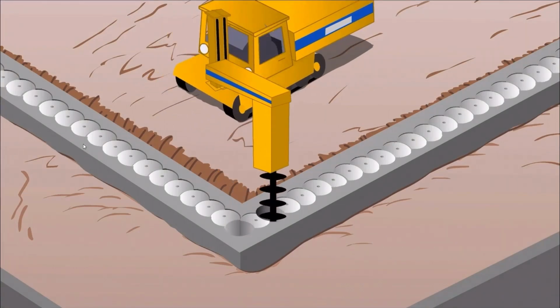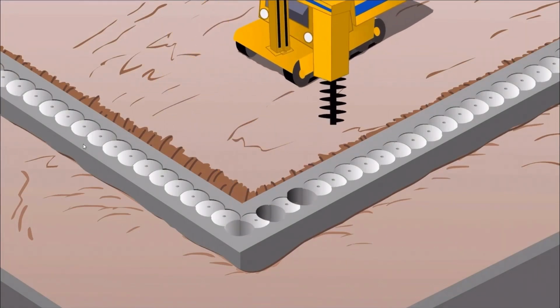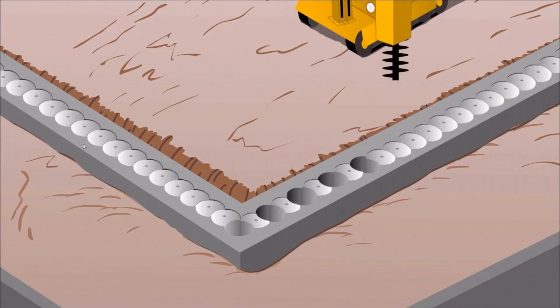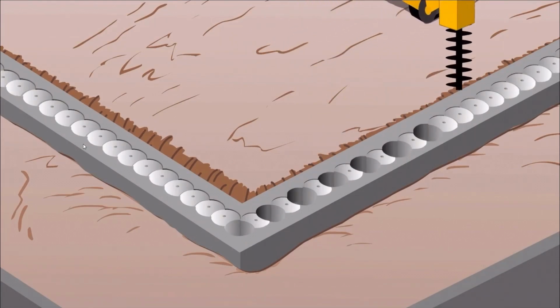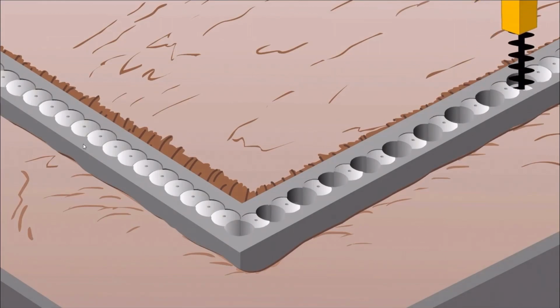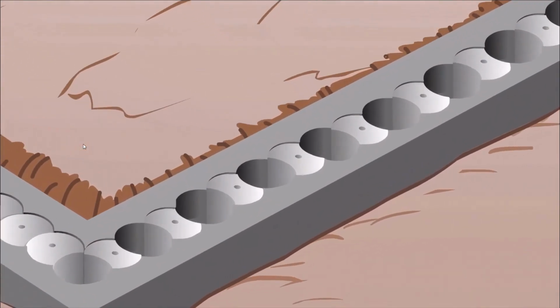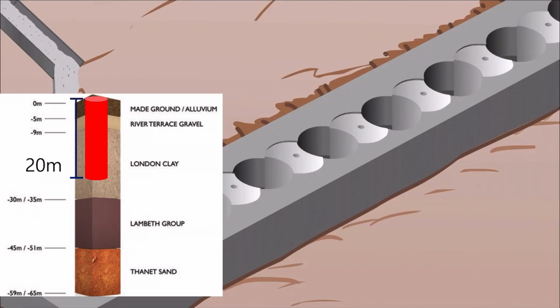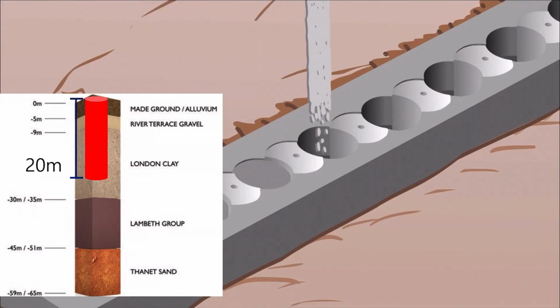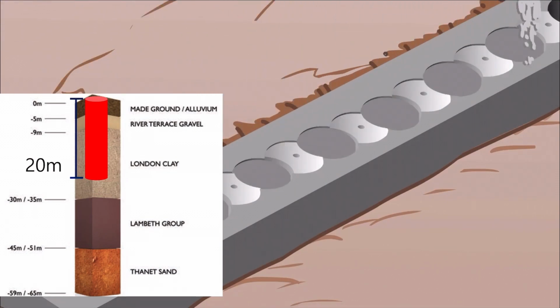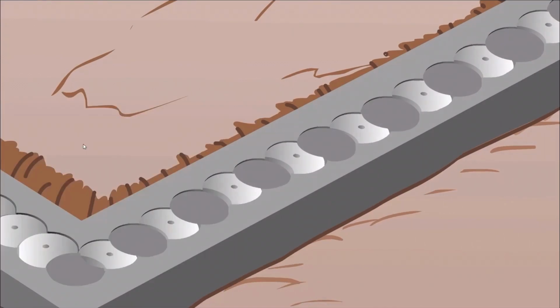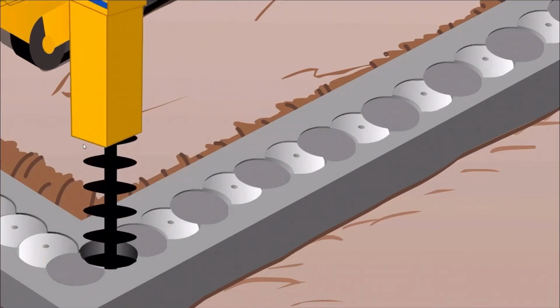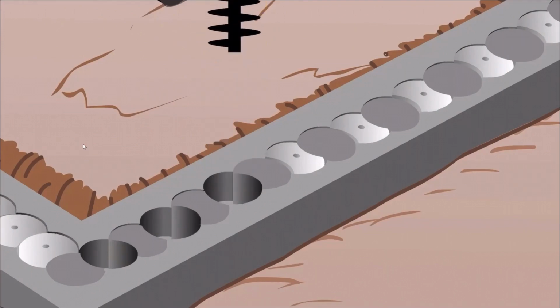The piling rig drills straight through the forms to achieve accurate placement. The primary piles are drilled out with alternate spacing to form the intersecting design required for a secant wall. The piles are then filled with the first of two different concrete mixes. The secondary or male piles are now drilled out.